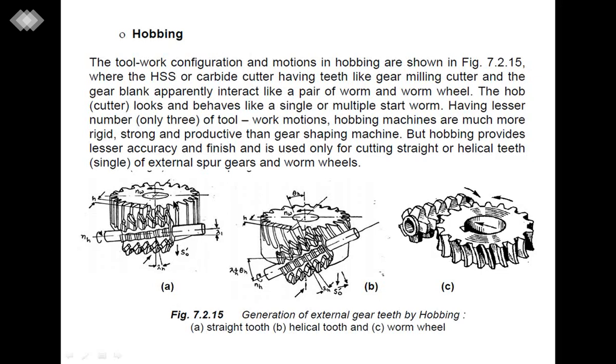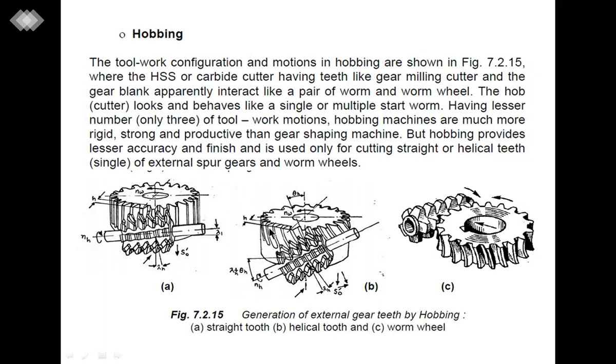So in this diagram we can see the gear teeth manufacturing using the hobbing process. This is the hob, somewhat inclined in shape, having a number of cutting teeth, and it is engaged with this gear blank. Here we can see that straight spur gear teeth are manufactured using this hob.